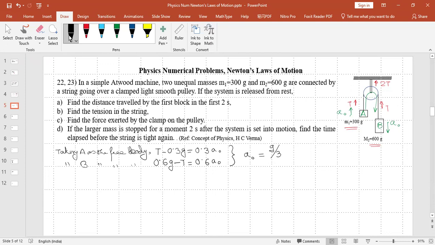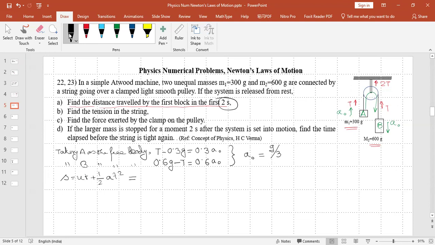by 3. Now the question which was asked: find the distance traveled by the first block in the first 2 seconds. We can use the equation of kinematics, where distance S is given by ut plus half alpha t square, with acceleration alpha and t equal to 2 seconds.